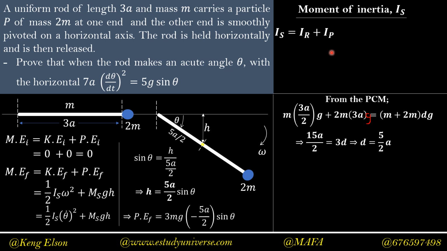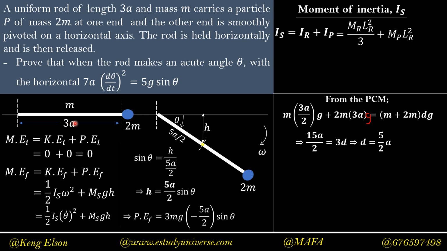Now, the moment of inertia of the rod about the axis. Now we need to know how the axis is placed. Let me just tell you, I_R is the moment of inertia of the rod, and the axis is basically passing through one of the ends of the rod.